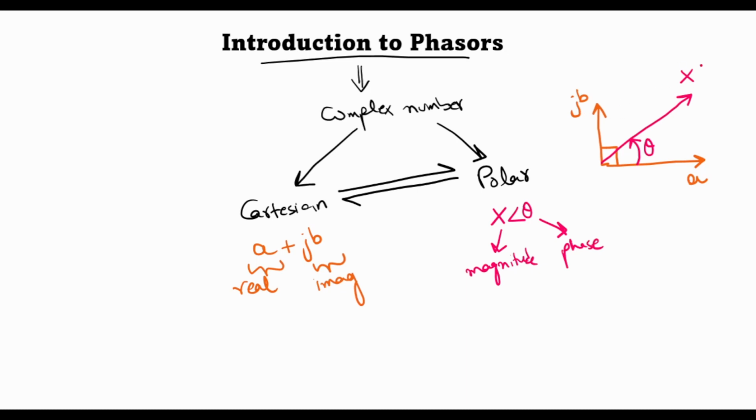Now from this diagram we can see that the magnitude x is simply equal to the square root of a square plus b square, according to the Pythagoras theorem, and we can write tan theta equal to perpendicular over base, and theta from here can be found out as tan inverse b over a.